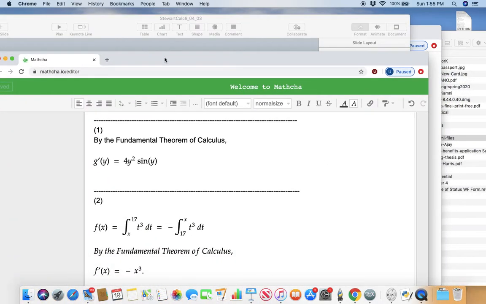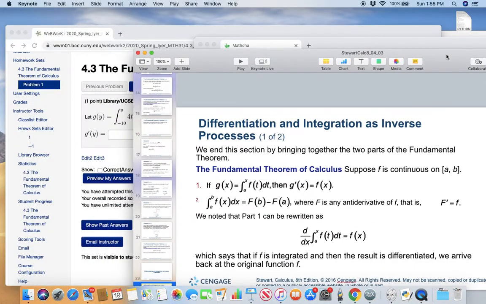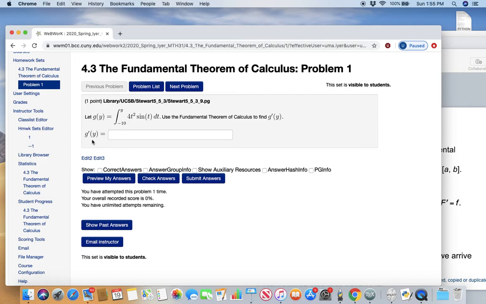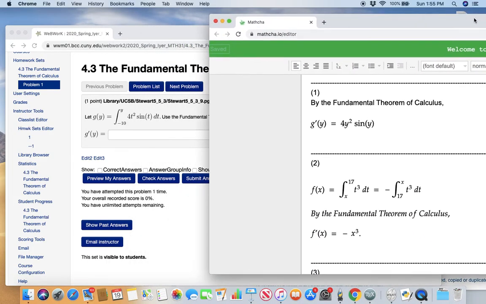In other words, when I take derivative of this function g, I should get the same function, replace the t with that y. So here it is.